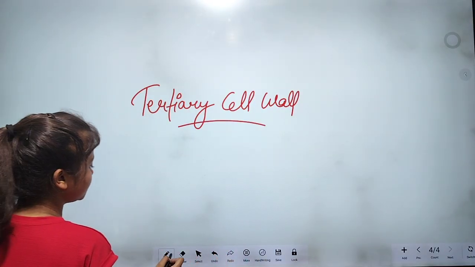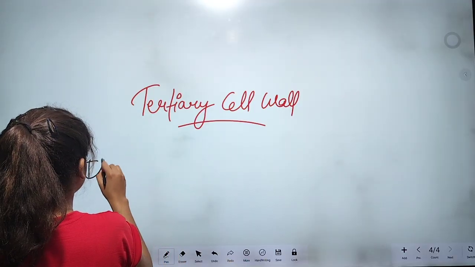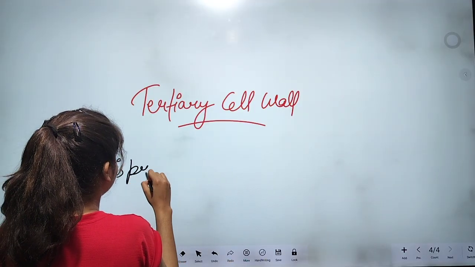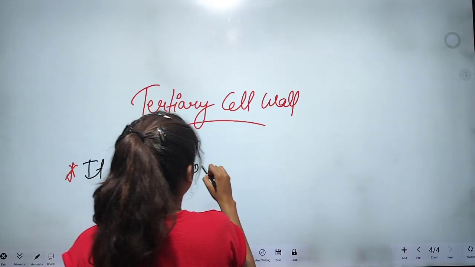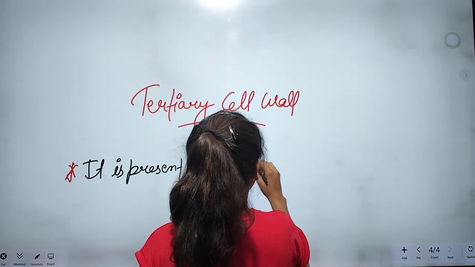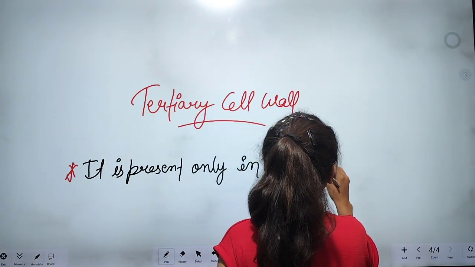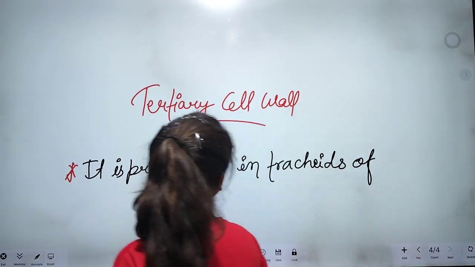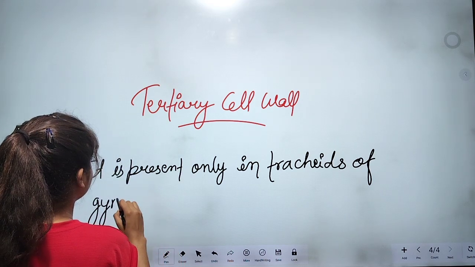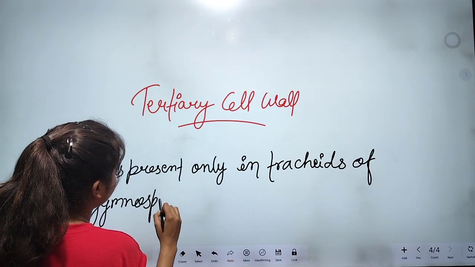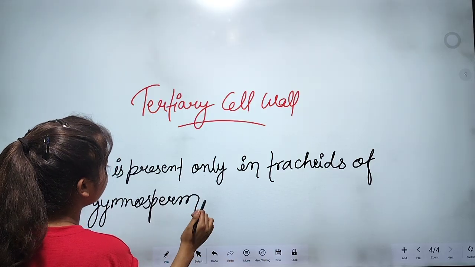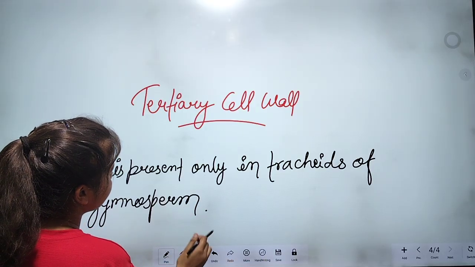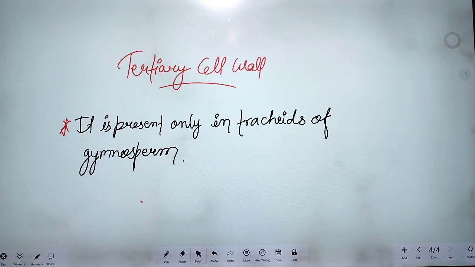So in this, our first point is it is present only in tracheids of gymnosperm. So it is present only in the tracheids of gymnosperm. Okay. It is a type of plant group.